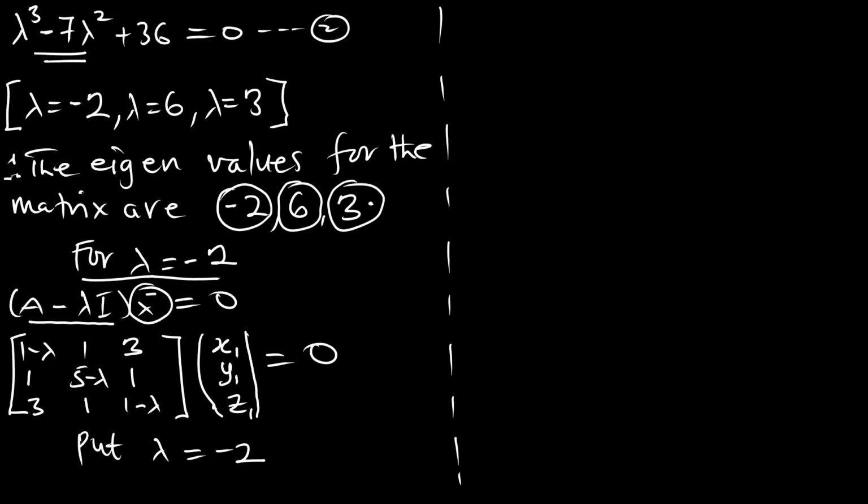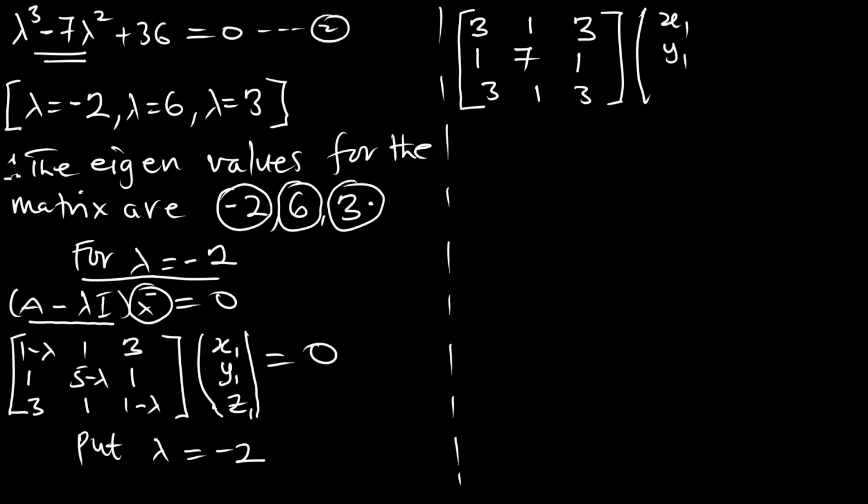So we are going to get 1 minus lambda, which is 1 minus -2, and we are going to get 3. The matrix is going to be this form, and we still have our 3, 1, 3. This is multiplied by our vector x1, y1, and z1 equal to 0.